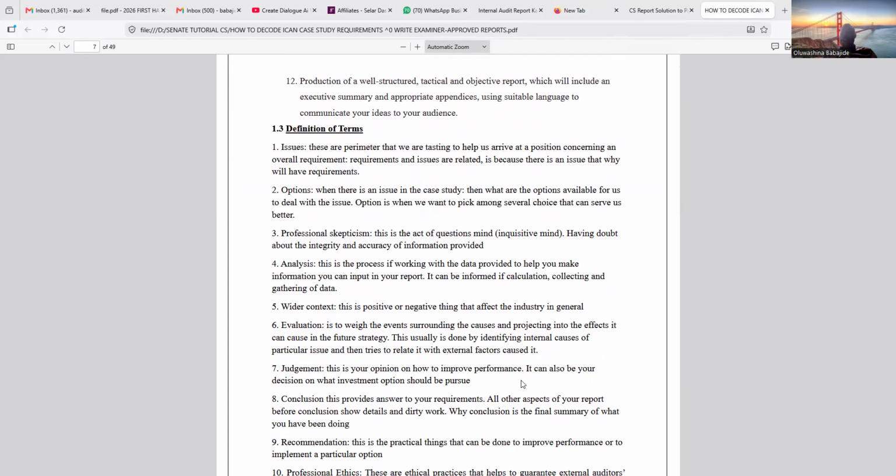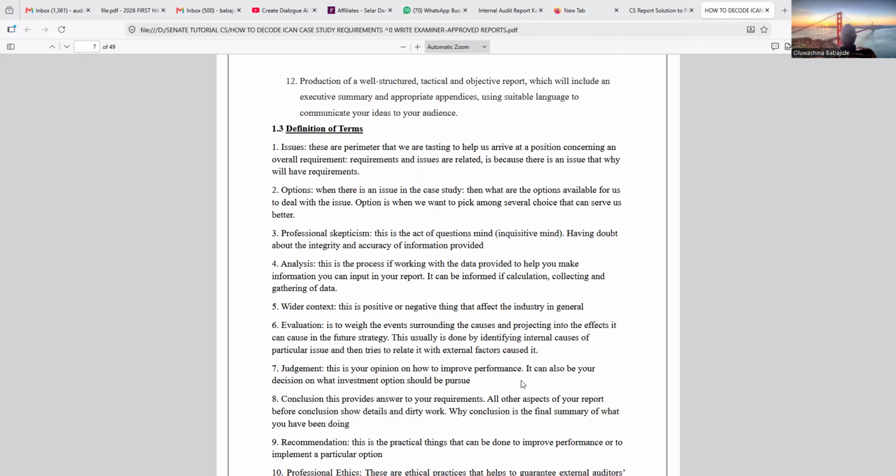Requirement and issue are related, because there is an issue, that's why we have a requirement. The case study given to you has issues there. That is why the examiner was able to give you a requirement. If there is no issue, there will not be a requirement.